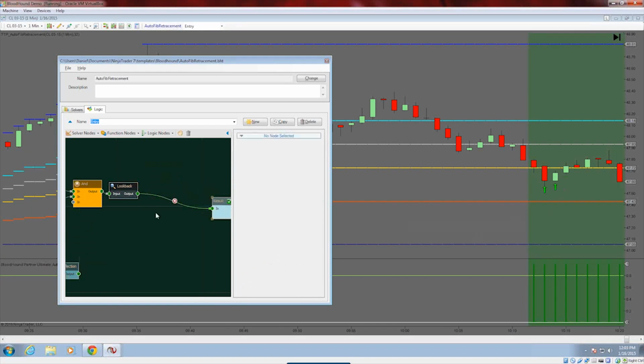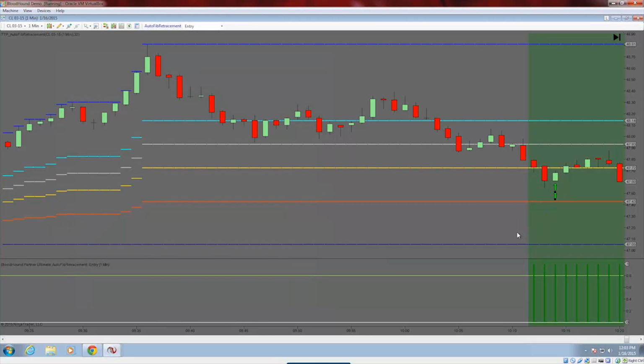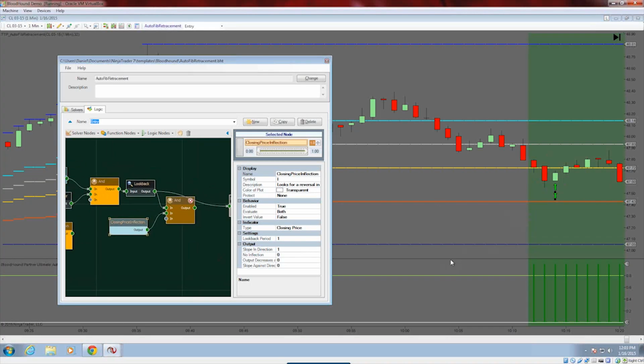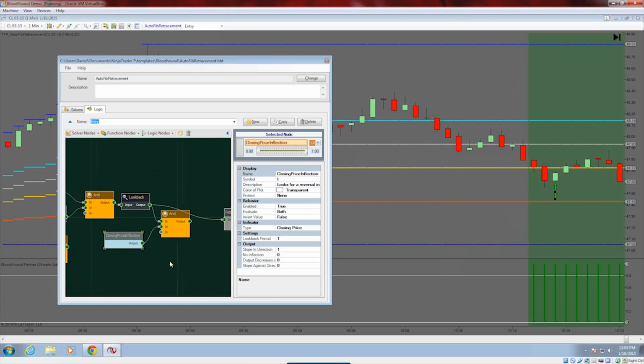Okay, so what I want to do now is add another AND node and then connect this closing price inflection. So that will show the signal now on only this bar, because that's the reversal bar, and the previous bar was touching the 61.8 with the trend up, and yep, with the trend up.